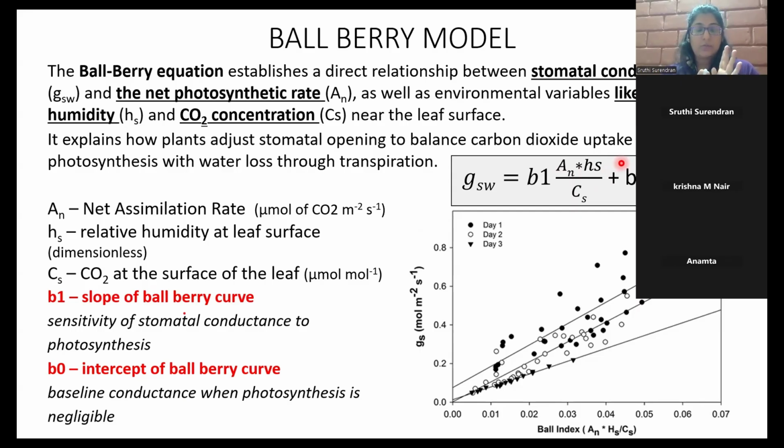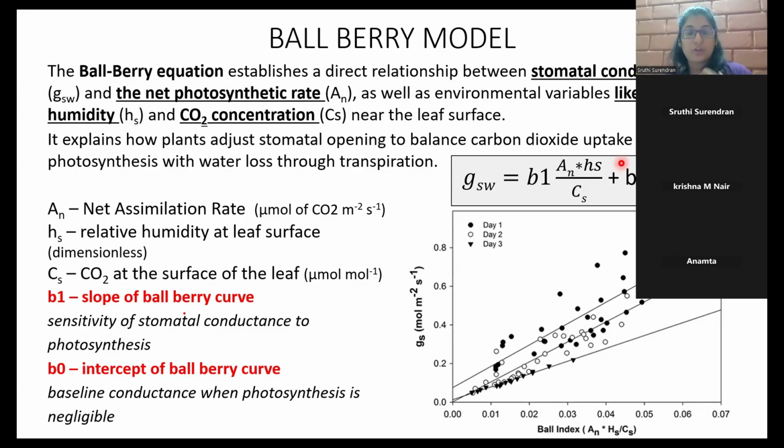So in a field condition, when you look at a plant, the plant will be experiencing humidities at varying levels. The top leaves will be more exposed to the air as compared to leaves somewhere in the middle of the canopy. This is called canopy microclimate and it varies. So what we are focused on is what exactly is the relative humidity just above the surface of the leaf, and not on all the layers that are much above the leaf.